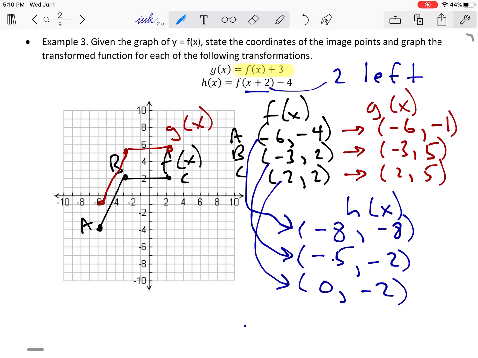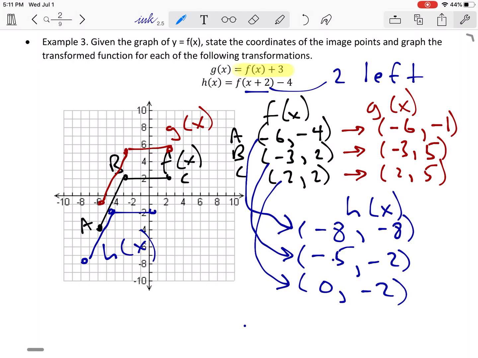There are the new coordinates for h(x). Let's draw them out: (-8, -8), (-5, -2), and (0, -2). And there's our h(x).